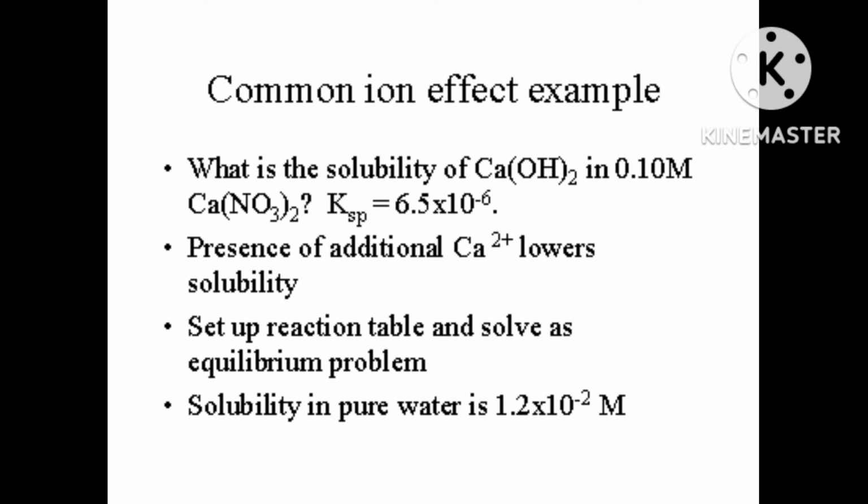Then 27 into 4, because here 2 into 2, 4 was there. Then 27 into 4 will come 108. And how many S? S square and S cube, so S power 5.